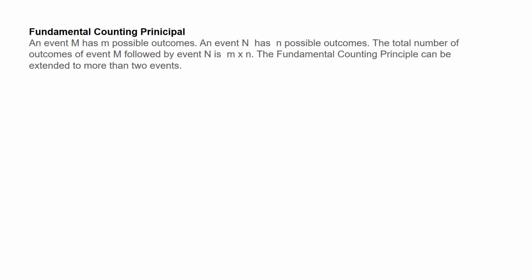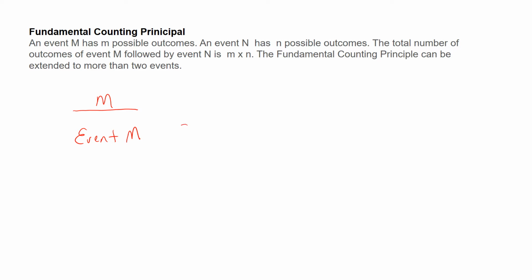And what that says is that if you have an event, your first event that's going to happen, in the last case, it was the flipping of the coin. Okay, so this is our event, M. Okay, so there's M different ways that M can happen.